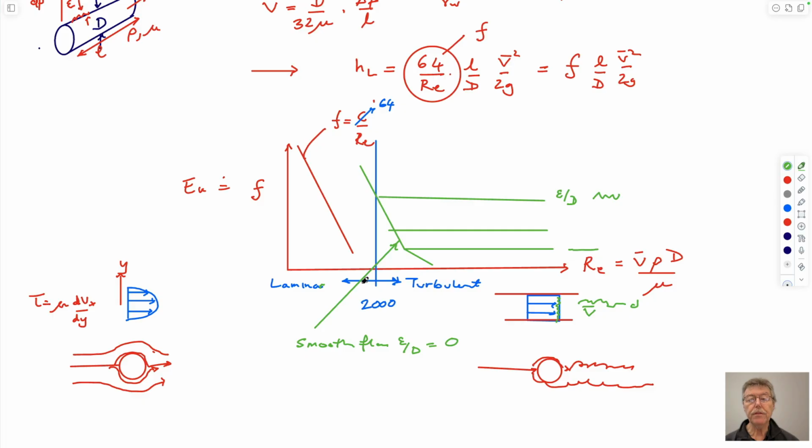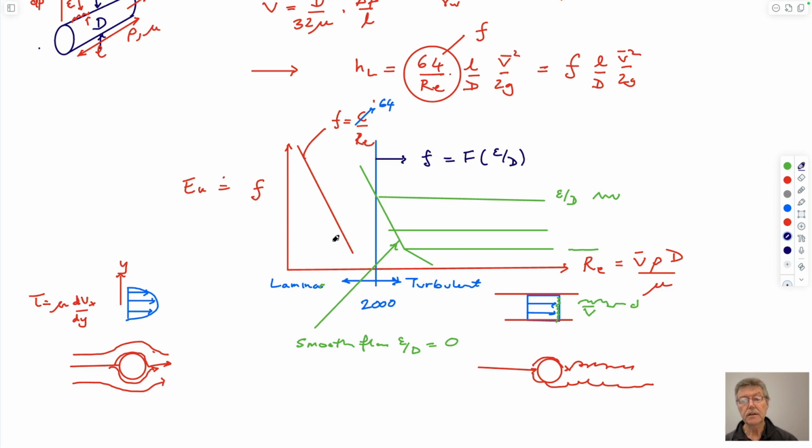The other thing that I should say, and we said last time, is that the characteristics of this are that in the turbulent regime, the friction factor is a function of roughness, but not Reynolds number, right?